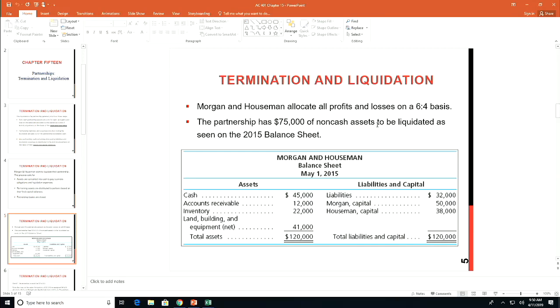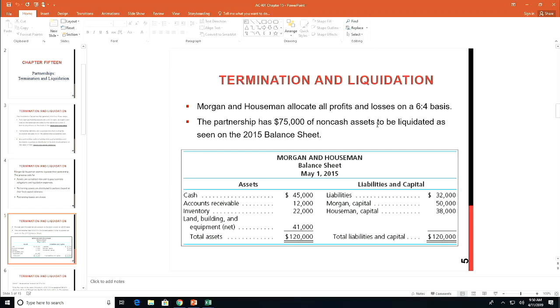First, step number one, you have to convert non-cash assets into cash. What are the non-cash assets? See here. This is the balance sheet just before starting the liquidation. Two partners, Morgan and Houseman. PL ratio 60-40. Now here, if you look at that, their total assets is 120.